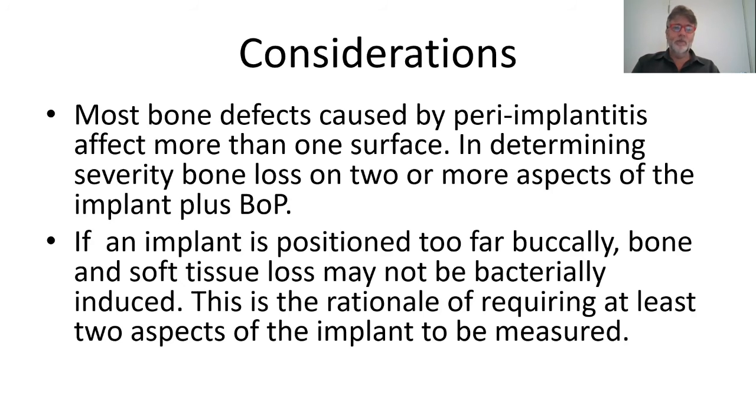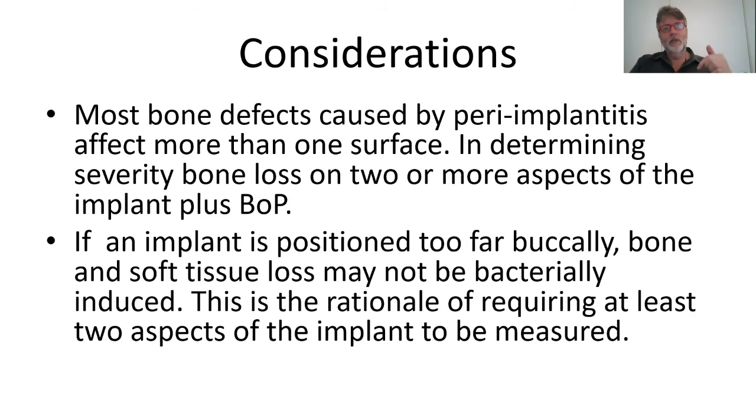If an implant is positioned too far buccally, bone and soft tissue loss may not be bacterially induced. This is the rationale for requiring at least two aspects of the implant to be measured. So when you're going around, you want to measure at least two aspects of the implant, the buccal and the lingual.